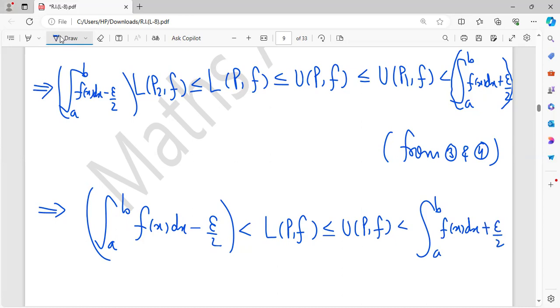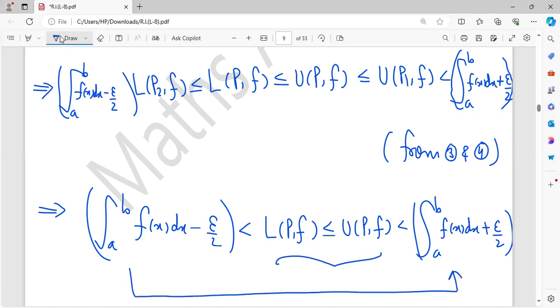Now the distance between these two will be less than the distance between these two.